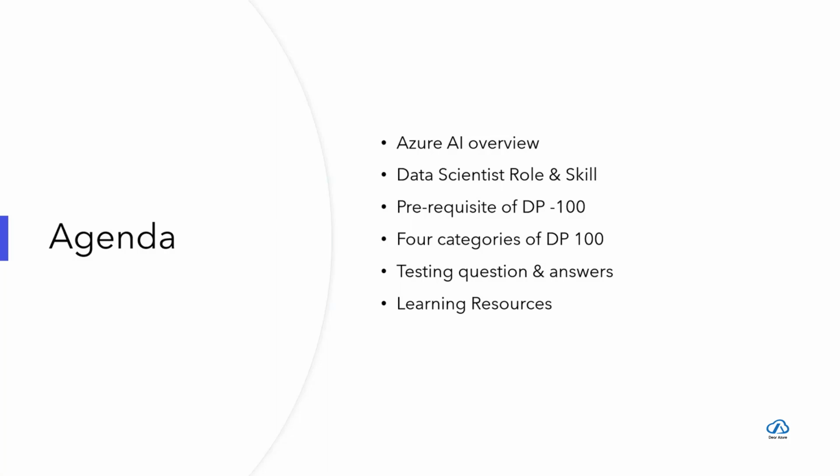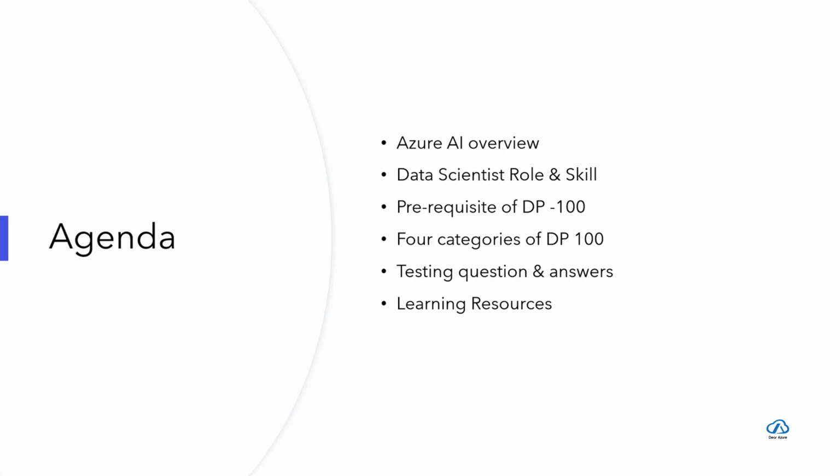As the exam title says, designing a data science solution, you need to know a lot of data science basics. You need to know Azure Machine Learning, the full tool, how to train models, compute, data, deploying models, monitoring, model drifting, all those things.